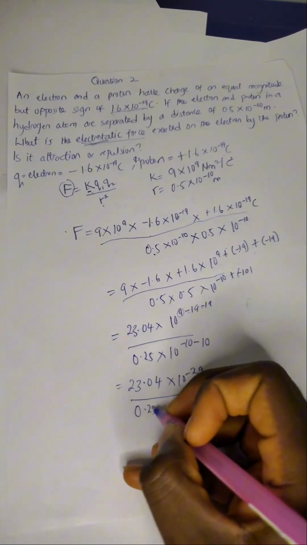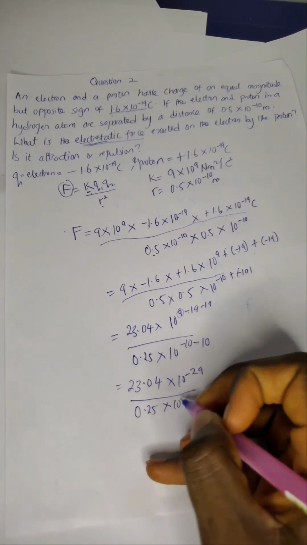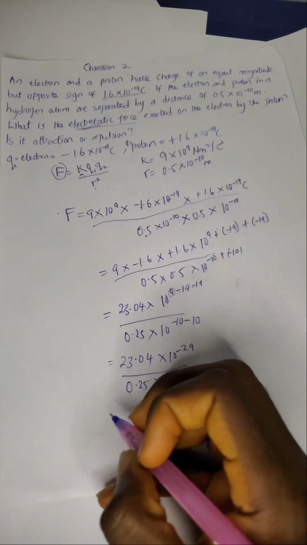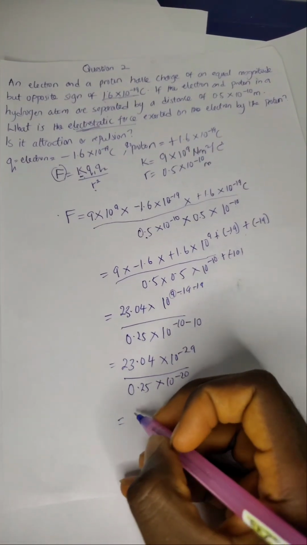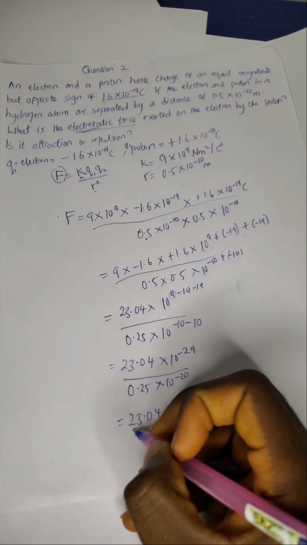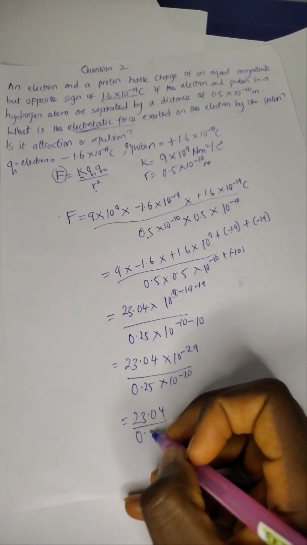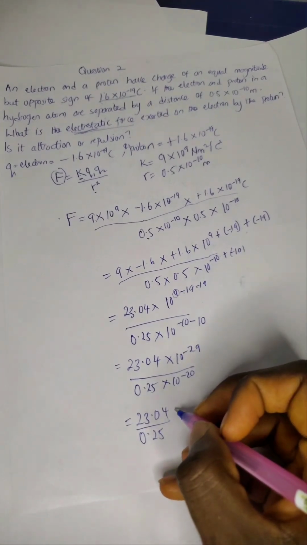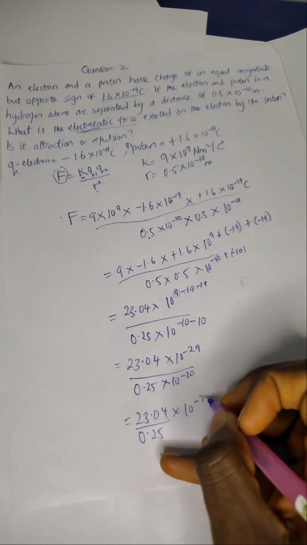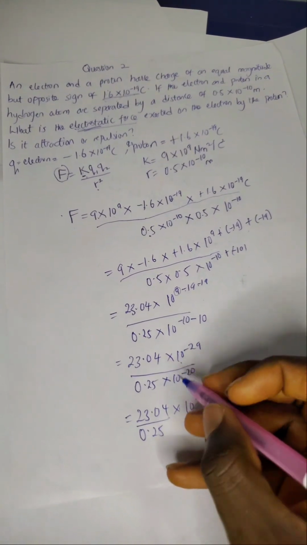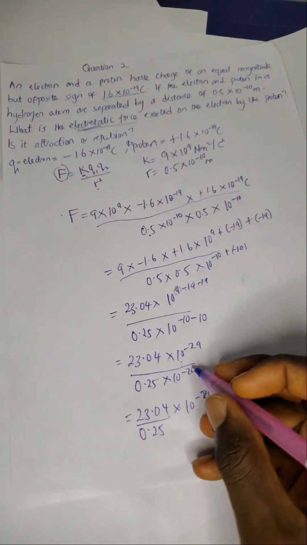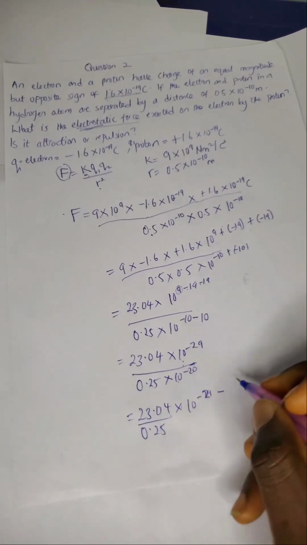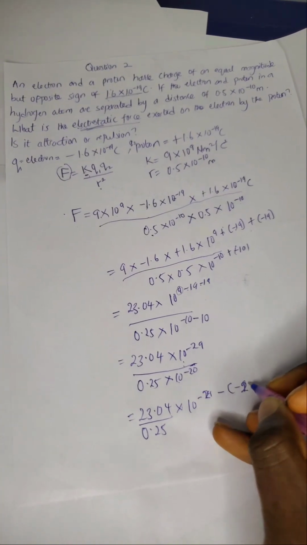Then for 0.25 times 10 to the minus 20, you can go on to use your calculator directly, but I like to break it down. So 0.25 times 10 to the power minus 29 here. You still have the tens, I will take one. In indices, division is minus, so I have minus bracket minus 20.